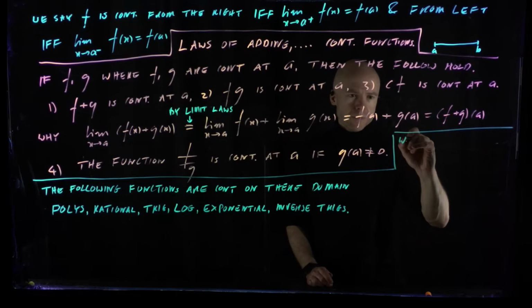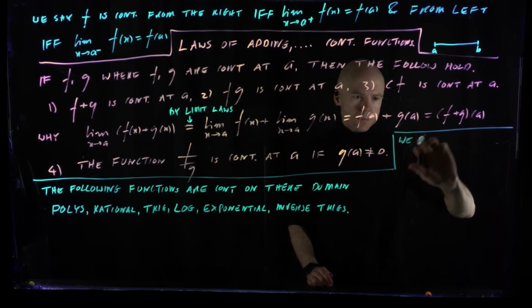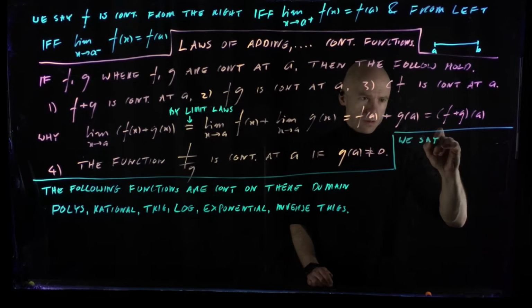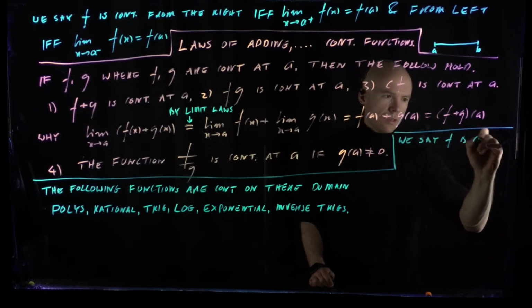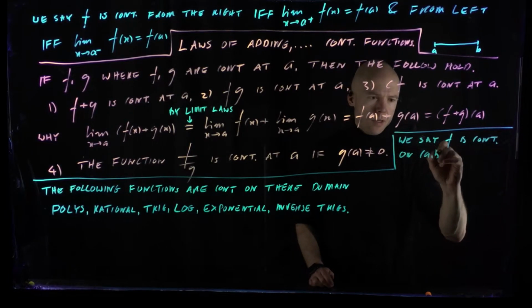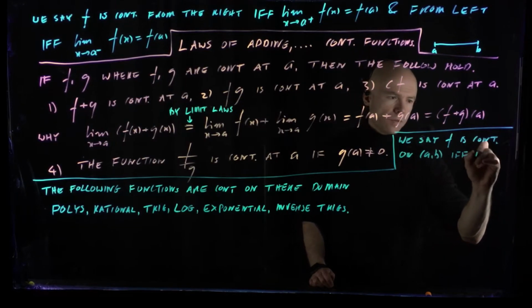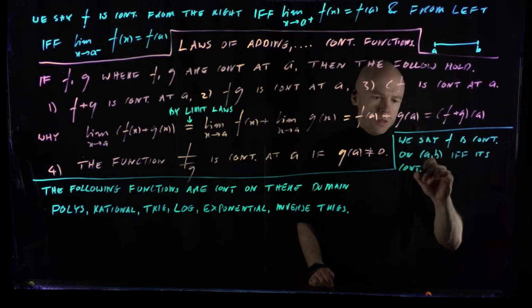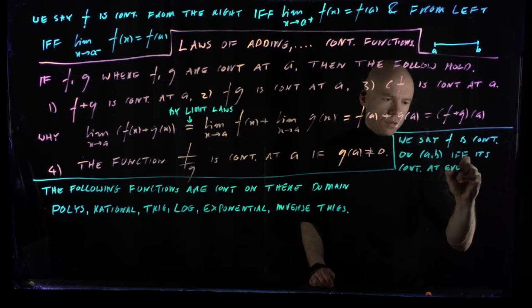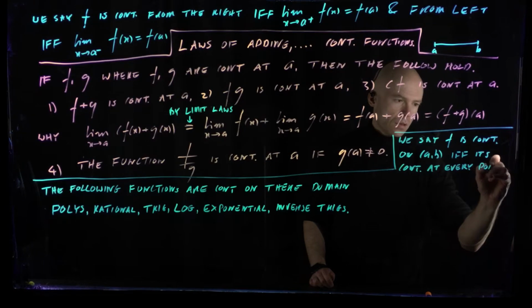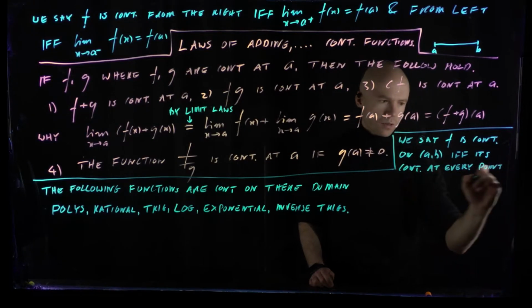So we say f is continuous on (a, b) if and only if it's continuous at every point in (a, b).